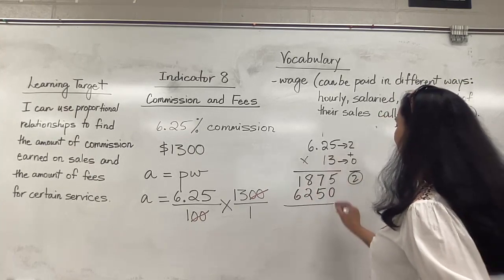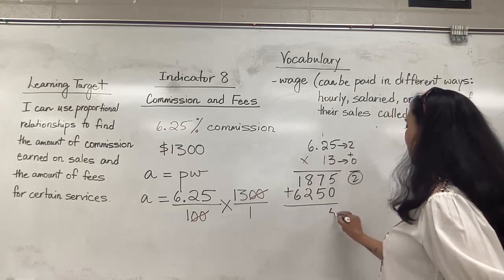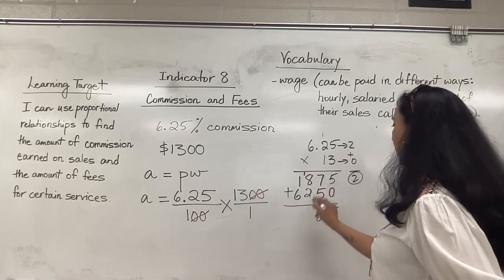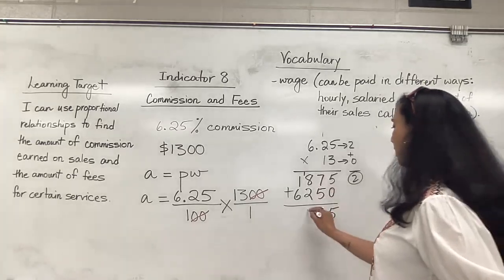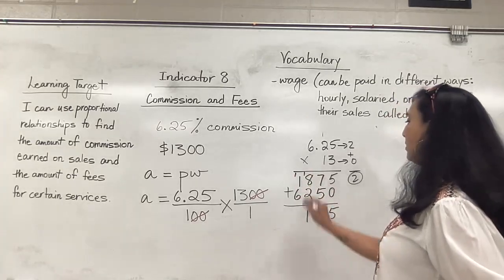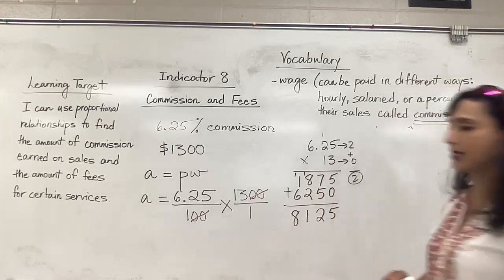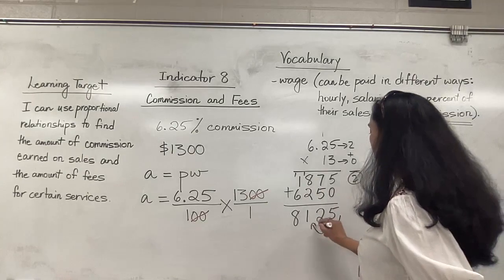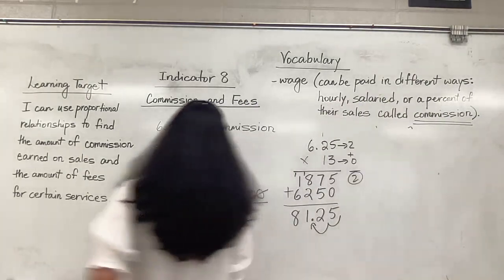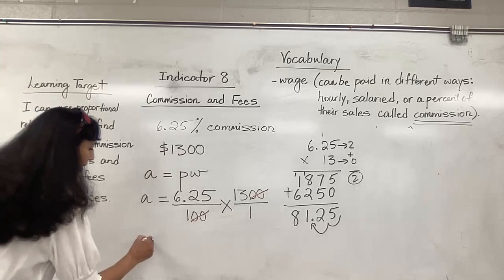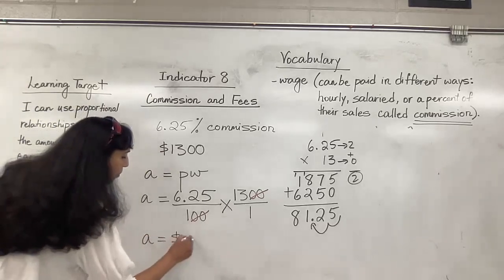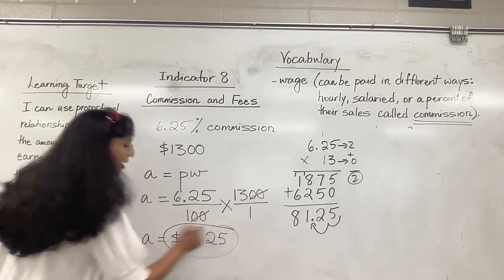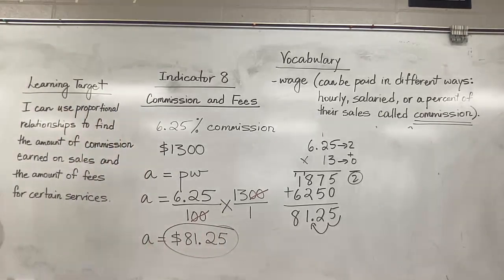So now when I add, I have 5, 7 plus 5, 12, and then I have 8 plus 2, 10 plus 1, 11, 6 plus 1, 7, and this is going to give me 8. All right, and then 2 digits, so 1, 2 to the left. So the commission that is being earned for this is going to be $81.25 is what Angie is going to be getting as her commission.